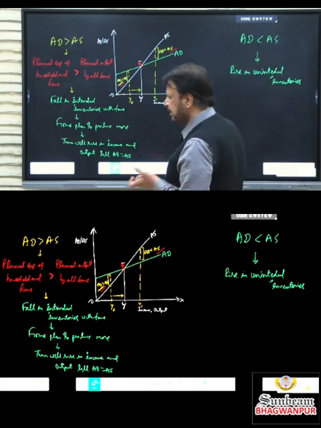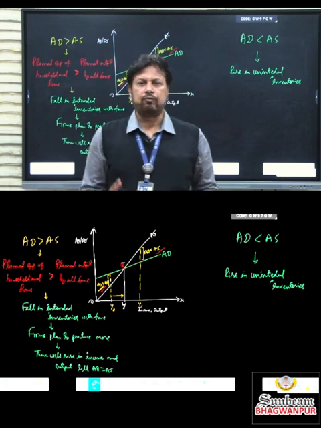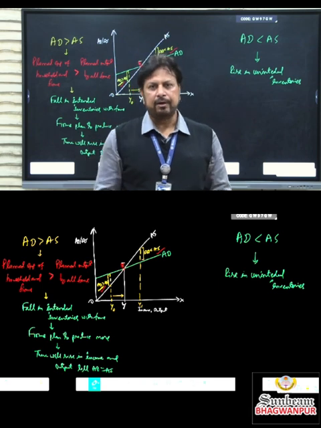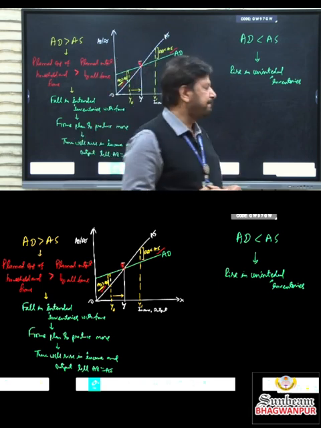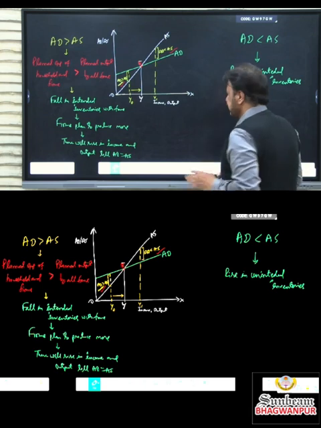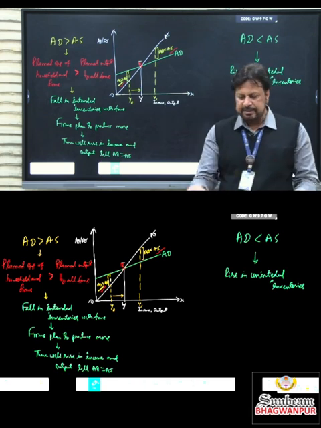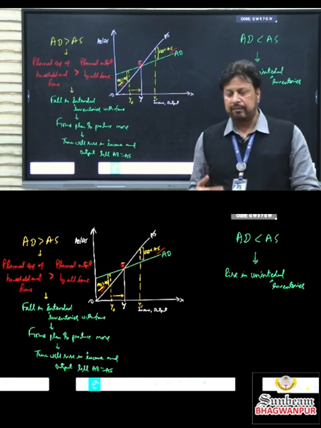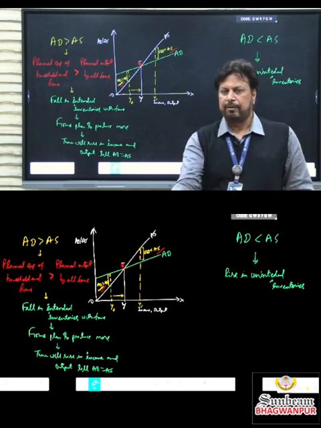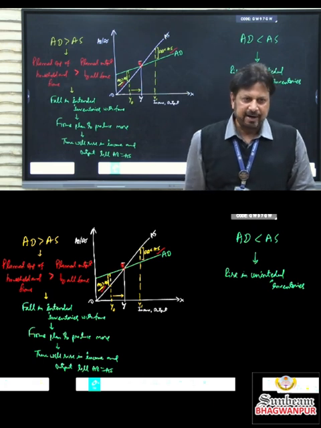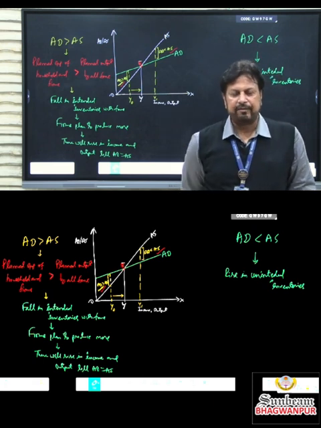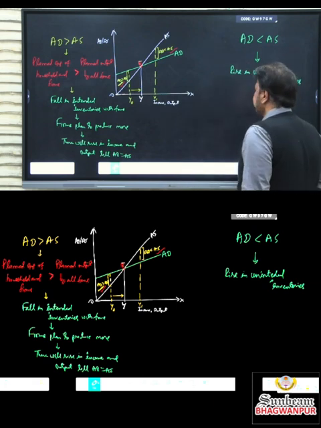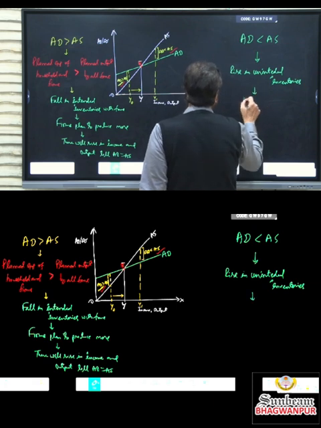Now these are inventories that firms do not want to keep, but why do they have to keep them? Because they cannot sell the total production they planned, since aggregate demand in the market is low. And as a firm we know that if there is a rise in undesired inventories, surely we will plan to produce less, because first we want to clear our undesired inventories and then we will increase our production.